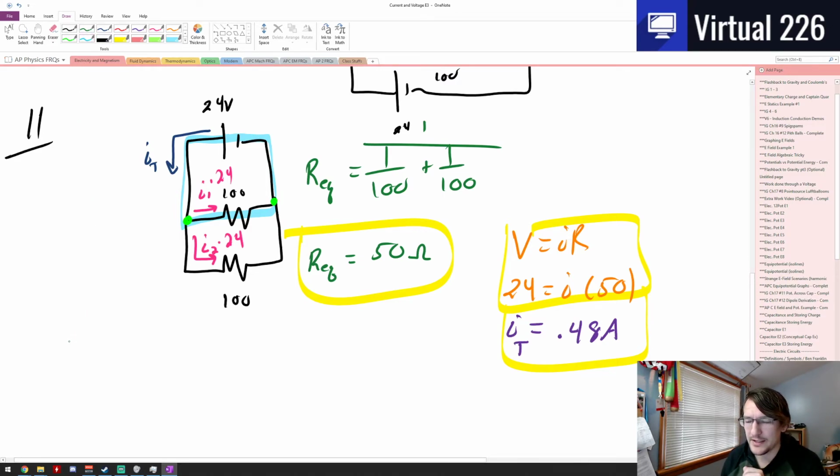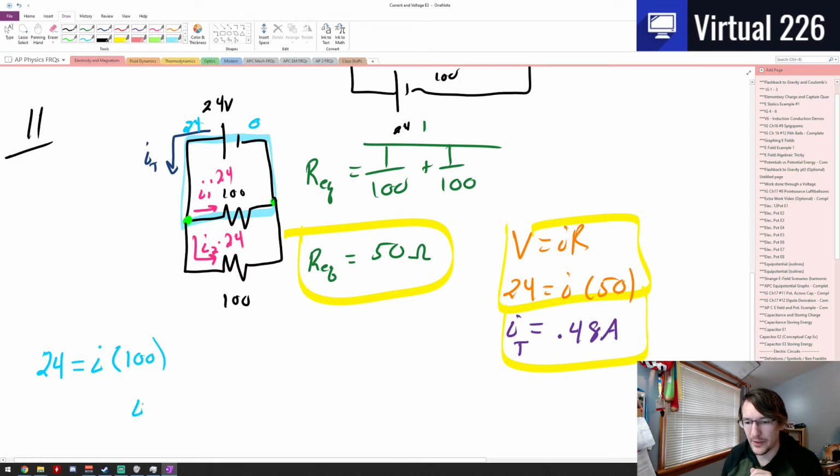If I look at just that branch of the circuit and use Ohm's law, I can say that there is a voltage drop of 24 volts. 24 volts starts here, and when I get back, I'm at 0. So there's a voltage drop of 24. That has to equal the current through that branch multiplied by the resistance it's going across. There's only one resistor here, so that's just 100.